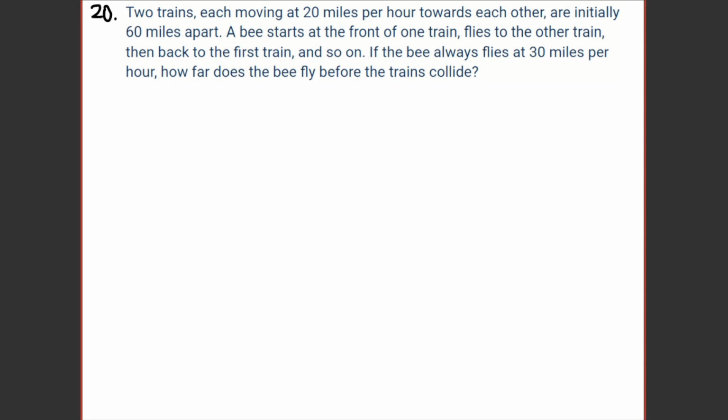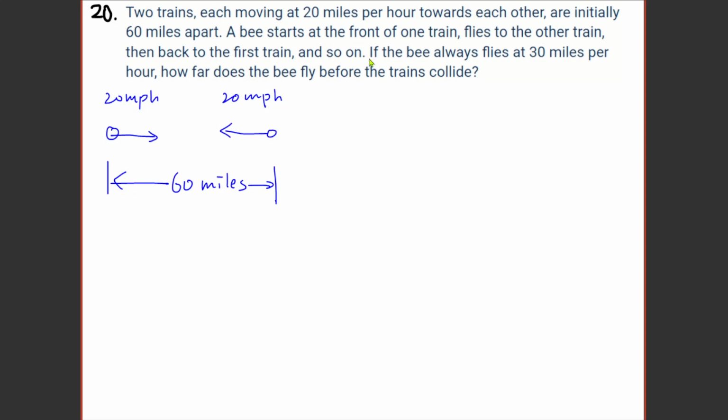Okay, so here you have two trains, each moving at 20 miles per hour towards each other, initially 60 miles apart. Okay, let's draw a diagram to illustrate this. This is one train, this is another train, 20 mph, 20 mph, and initially they are 60 miles apart.